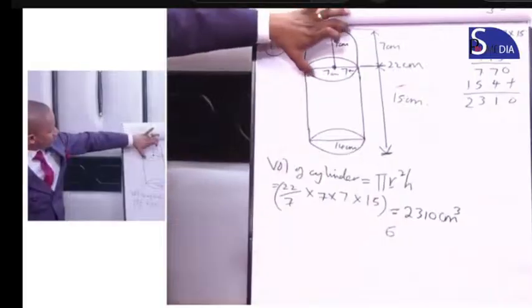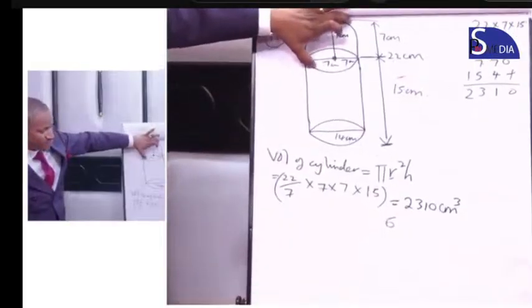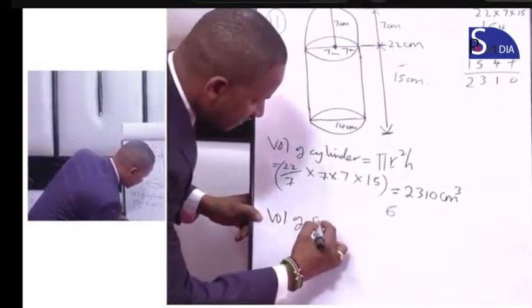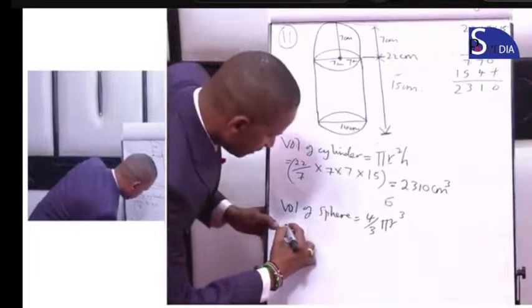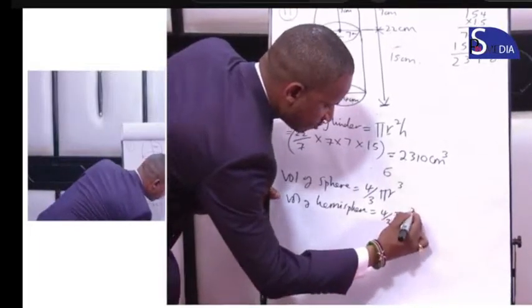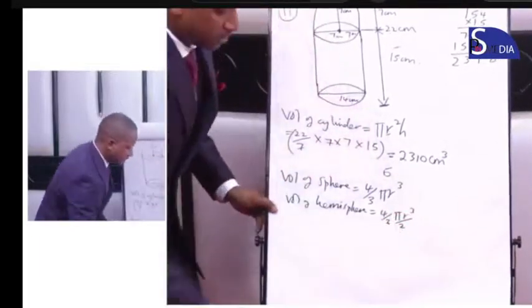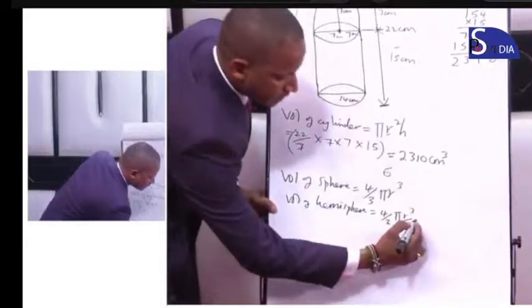Then now we have the volume of a hemisphere. The volume of a sphere is 4 over 3 pi r cubed, so the hemisphere is half of that, which comes to 2 over 3 pi r cubed.